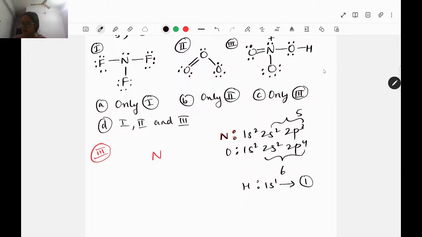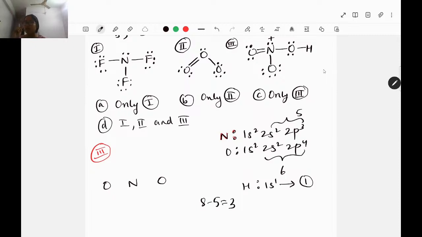So now let us draw this structure. How can we form this? Nitrogen is in the middle, we can see over here, and oxygen is on the left hand side, and the other oxygen is on the right hand side. Let us forget the bottom oxygen for the time being. Let us just try to complete nitrogen's octet first. Nitrogen has 5 valence electrons. So how many electrons does it require to complete its octet? 8 minus 5 is 3.